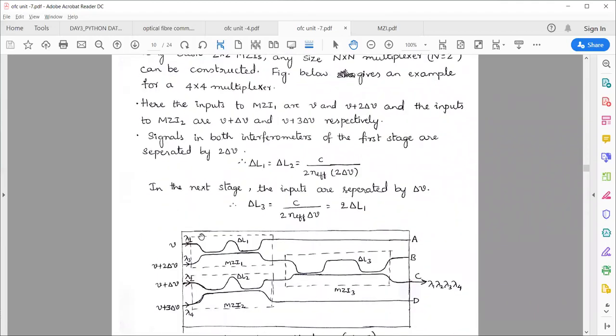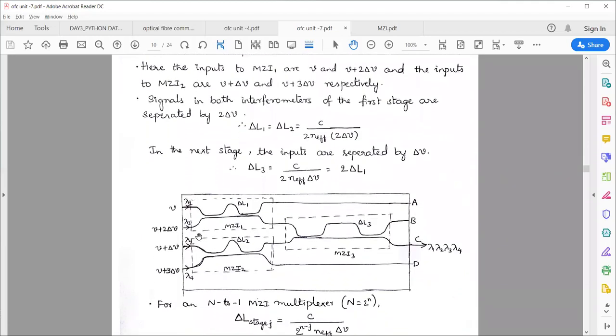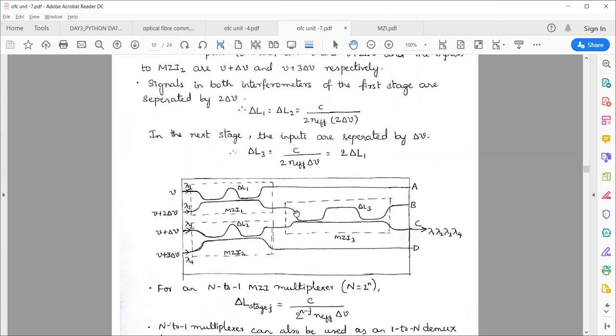So this is what the layout or the construction of a 4x4 multiplexer or 4:1 multiplexer looks like. In order to construct a 4:1 multiplexer using 2:1 multiplexers, we need 3 such multiplexers here. This is MZI1, this is MZI2, and this is MZI3.